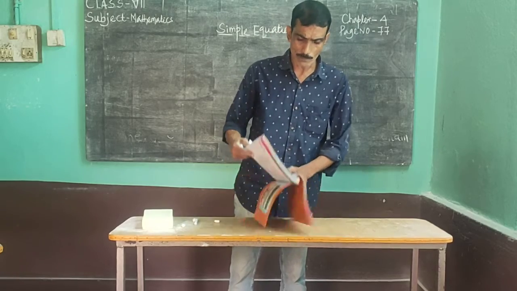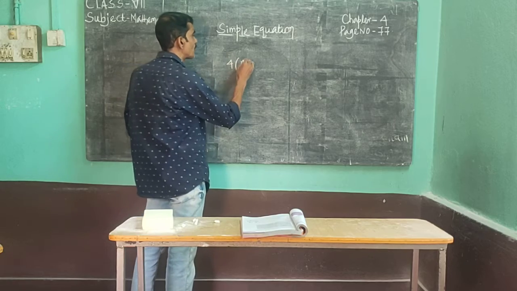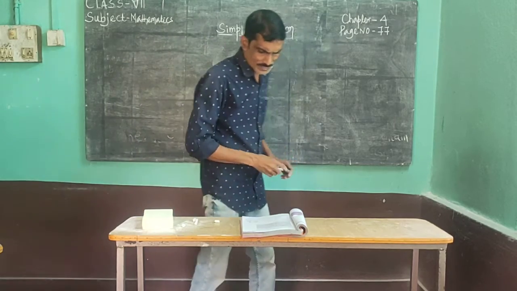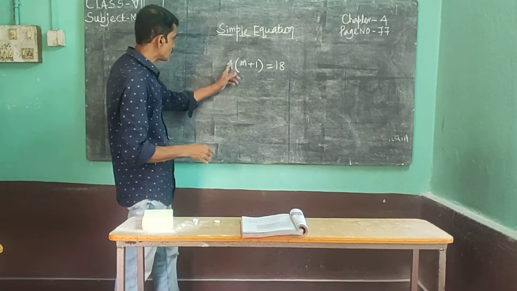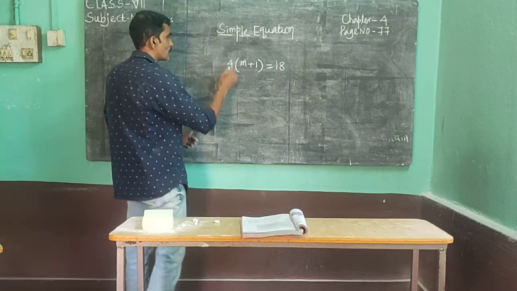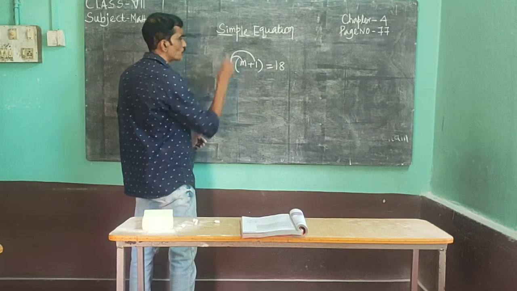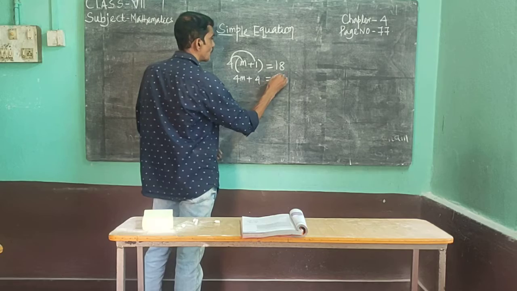In another example, in the bracket, 4 multiplied by m plus 1 is equal to 80. There are two ways you can do this one. First you have to divide, or this 4 multiplied, or open the bracket. Opening the bracket means 4 multiplied with m, 4 multiplied with 1. So what is your answer? 4m plus 4 is equal to 80.